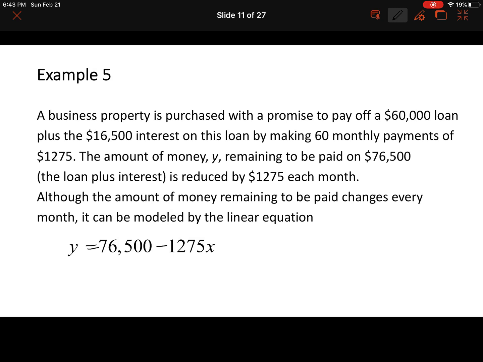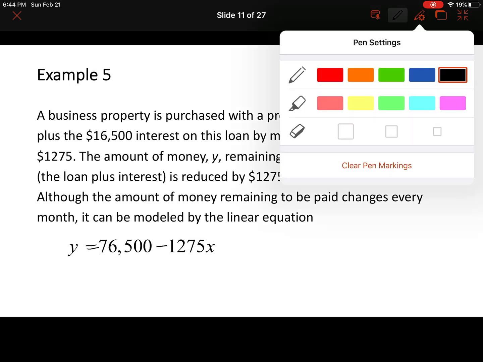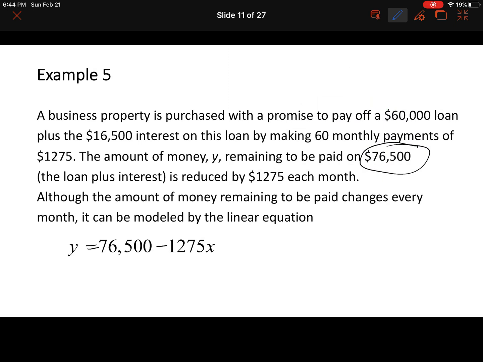Although the amount of money remaining to be paid changes every month, it can be modeled by the linear equation below. All right, you might be asking yourself, where did $76,500 come from? That's the loan, $60,000. The interest on the loan, $16,500. Add those together, get you your $76,500. So that's how much debt we're in right now.